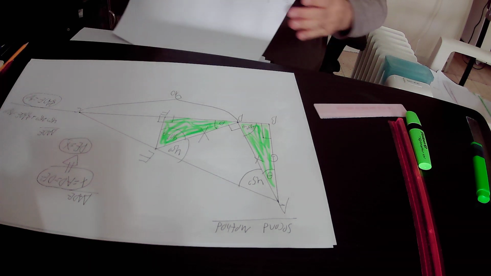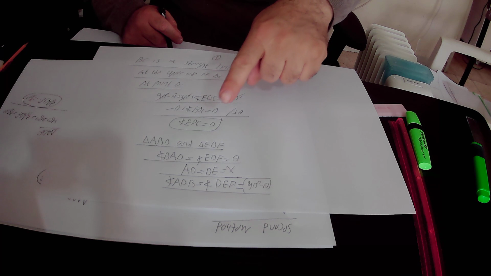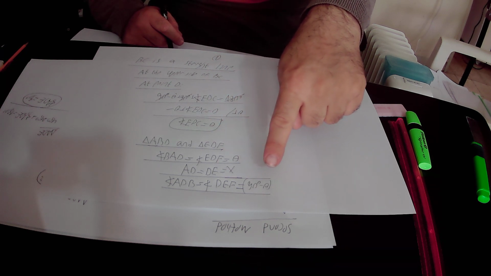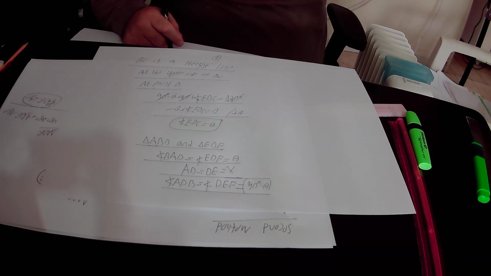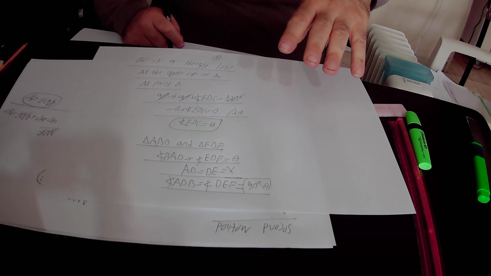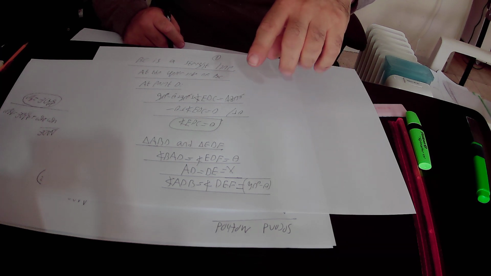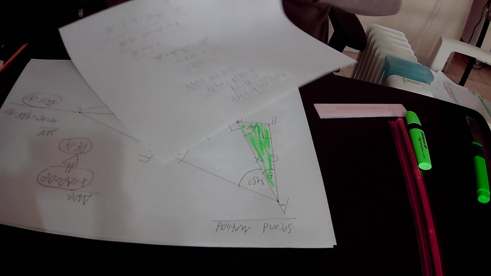So we proved that the two right-hand triangles can go to each other according to angle side angle rule.